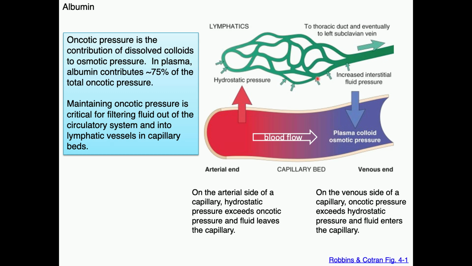Okay, so on net, you get a little bit of fluid going one way into the lymphatics, and then that allows the tissue drainage. But we get a significant amount of fluid returning back into the blood vessel at the venous side. Okay, and that's in a healthy person with adequate protein in their diet and adequate albumin concentration.